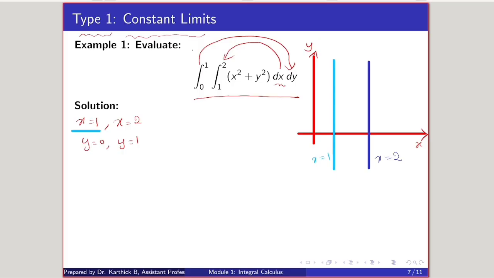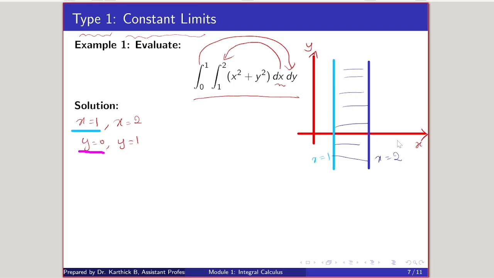So x varies from 1 to 2. Okay, now I'm going for y.